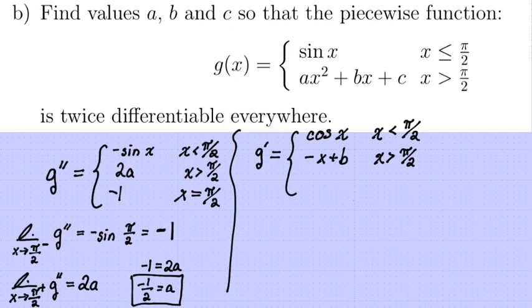So the limit as x goes to pi over 2 from the left of g prime, that's just going to be cosine of pi over 2, which is 0.